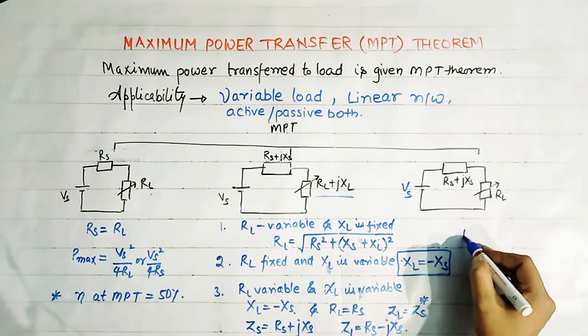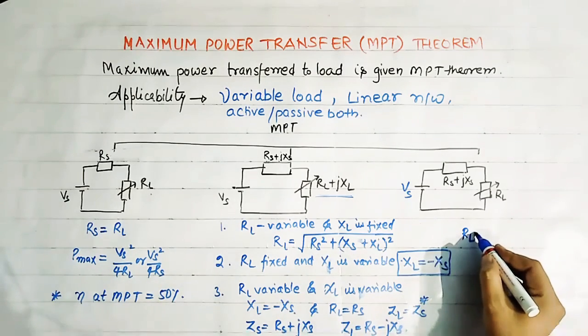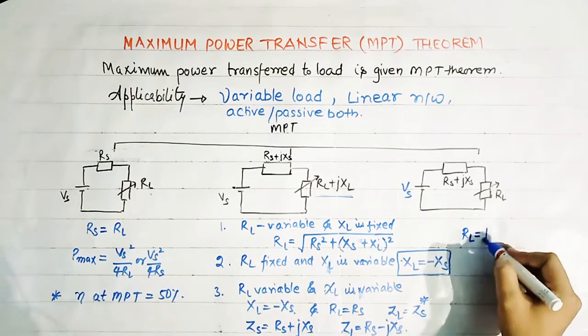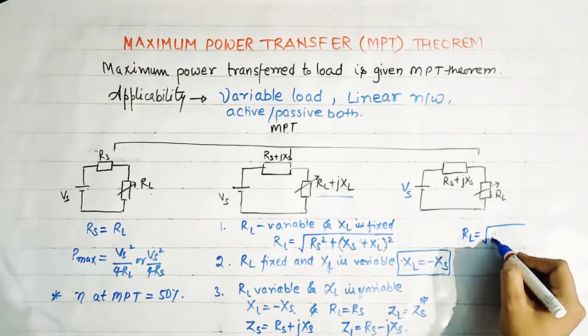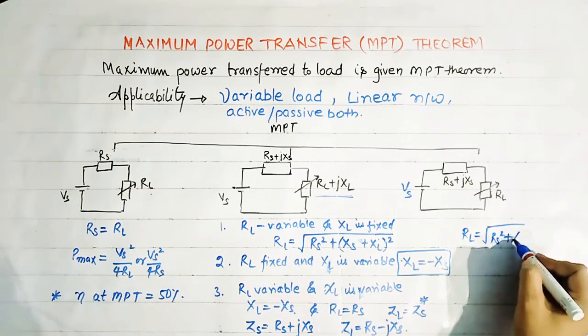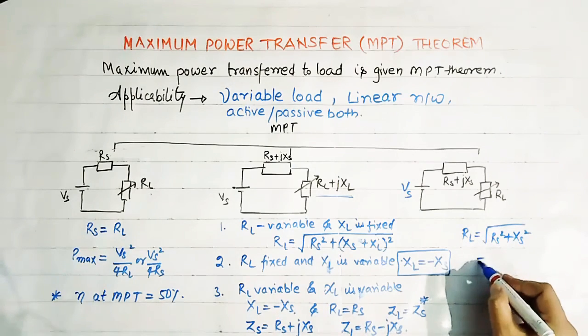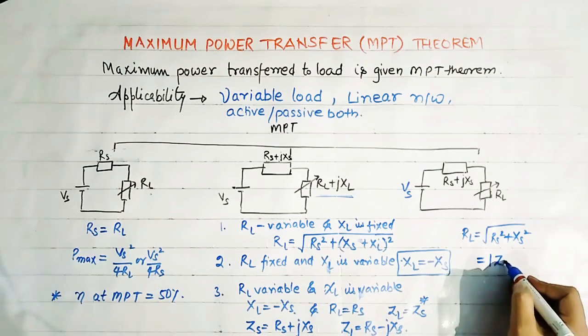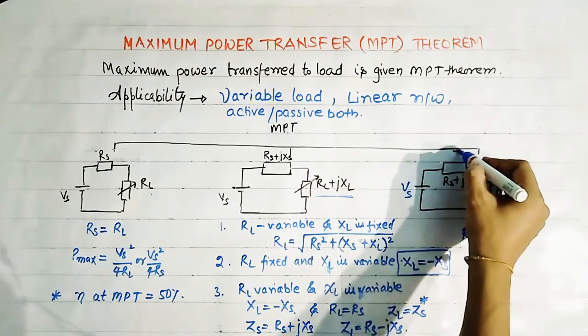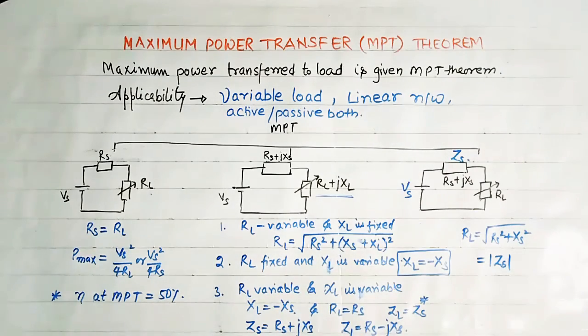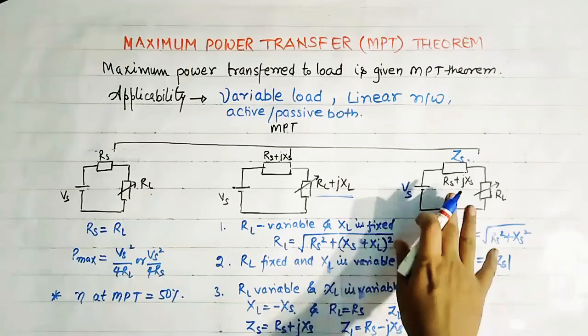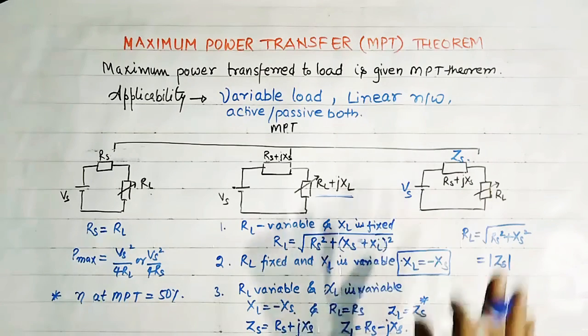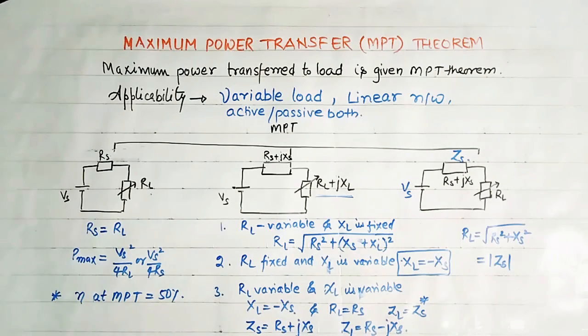In this case, the condition of maximum power transfer is RL is equal to the square root of Rs square plus Xs square, or that is equal to the magnitude of Zs. So this is the condition for maximum power transfer if the load is resistive and the source impedance is complex. So this is all about the maximum power transfer theorem.